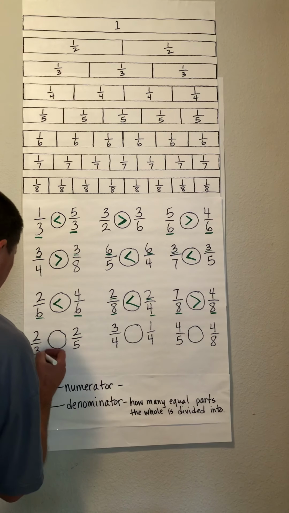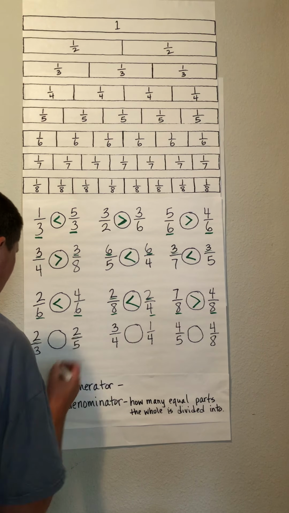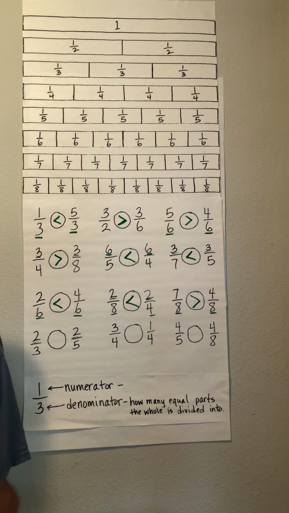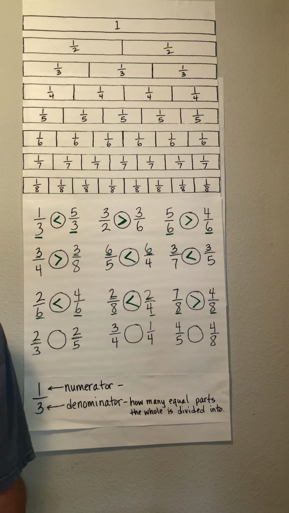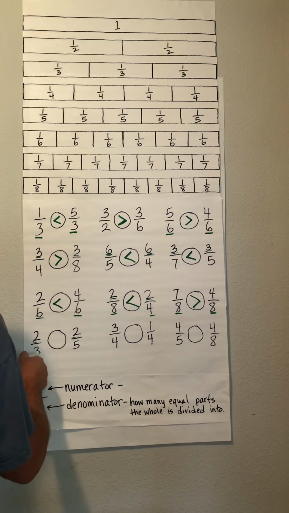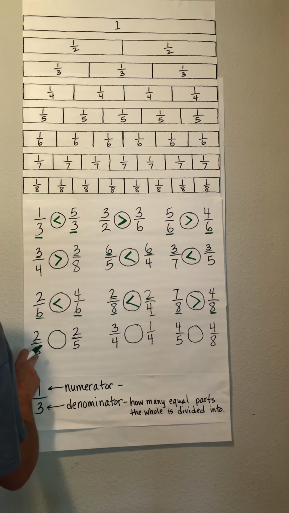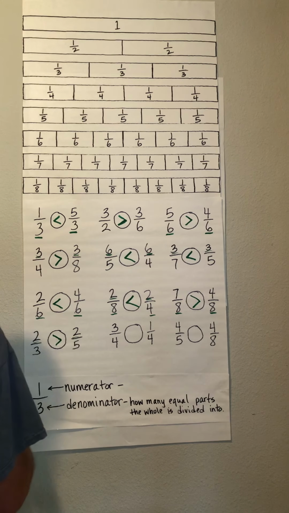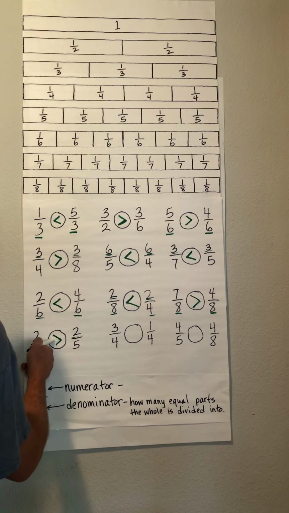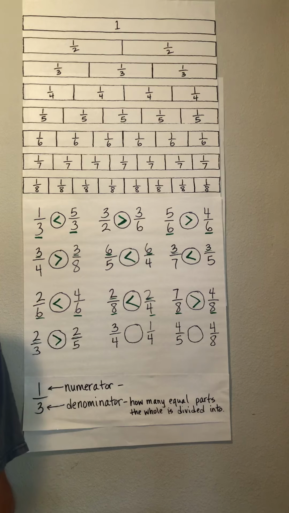So again, we have the same numerator. So we have to look at the denominator. Now, when the numerator is the same, you're looking for the denominator with the smaller number. That's the greater fraction. So 2/3 is greater than 2/5.